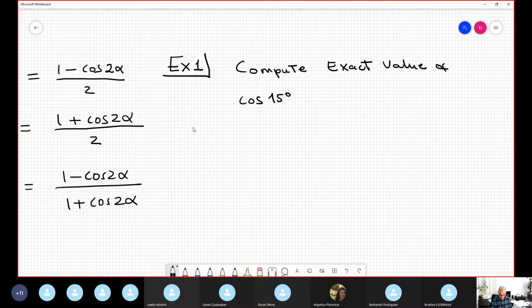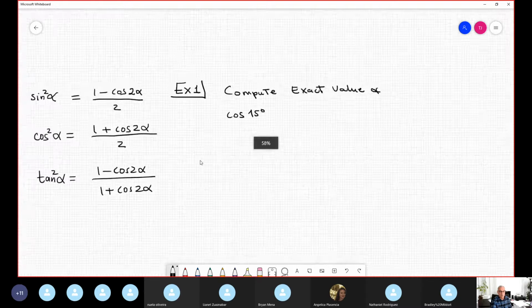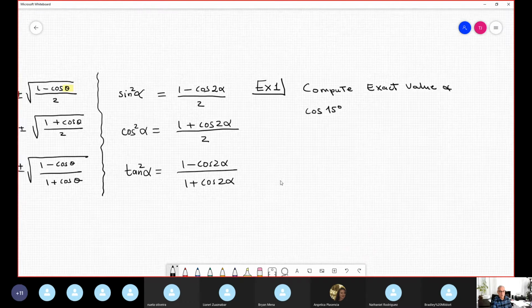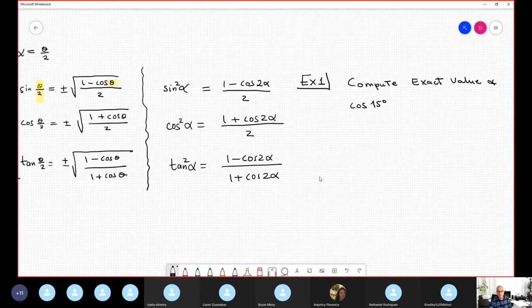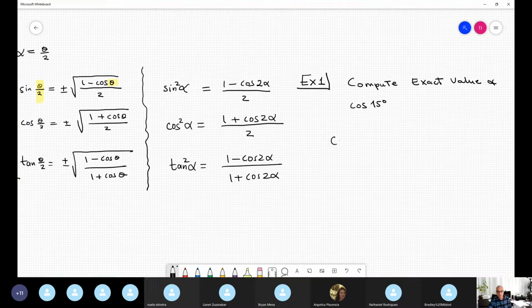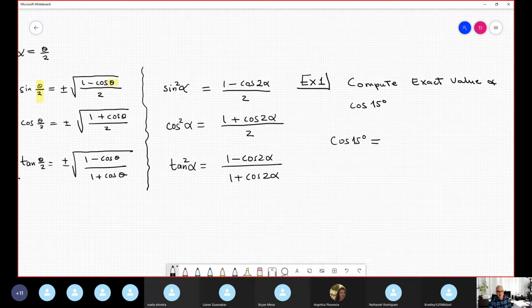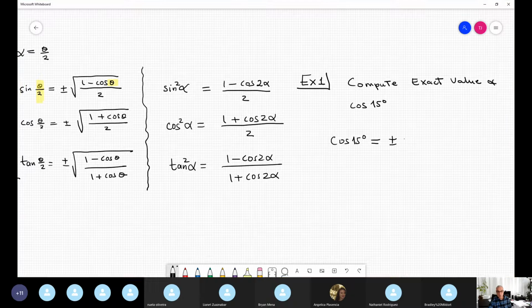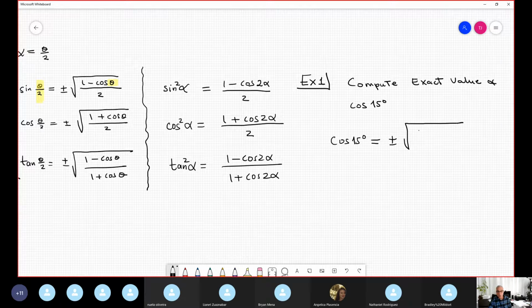The idea is to try to compute 15. I know that 15 is the half angle of 30. So we're using that formula. Look, that formula. I want to copy it now. Cosine 15 degrees. So I realize it's plus or minus the square root of 1 plus, using that formula.